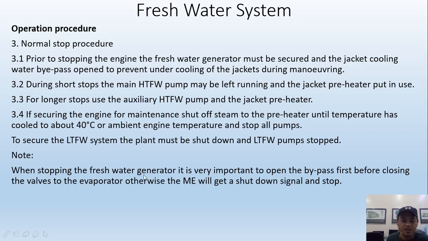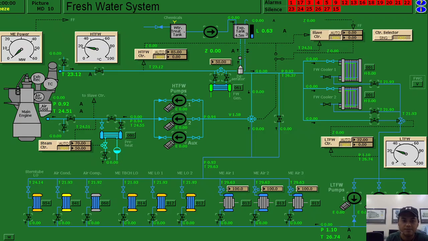Kasi pag sinarado mo na agad yung freshwater generator mo, at hindi mo na-bypass yung cooling mo, syempre wala nang mapuntahan yung cooling, hindi na makabalik sa makina, and then mag-overpressure na, mag-shutdown agad yung ating main engine. So, bypass mo muna yung cooling bago mo isarado yung freshwater generator.